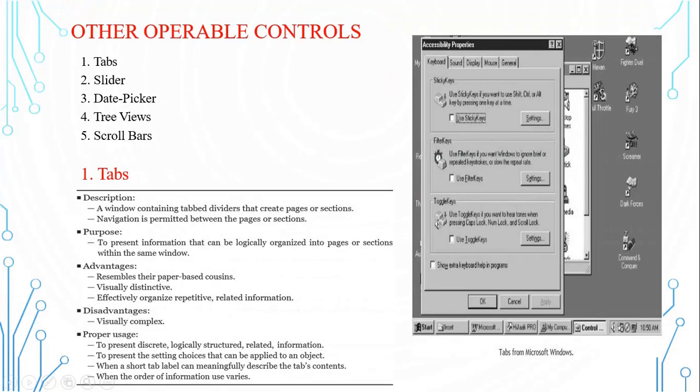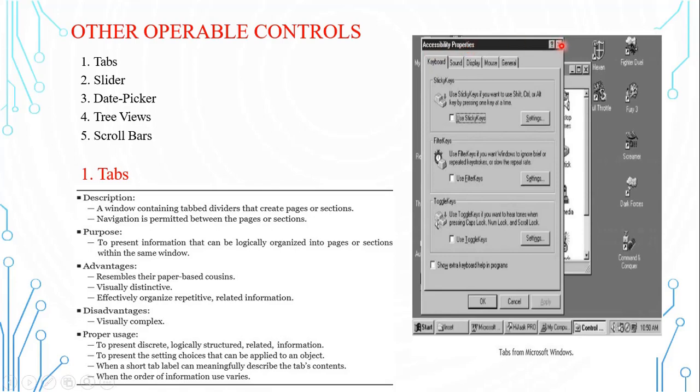Operable controls. We have certain operable controls like tabs, sliders, date pickers, tree views and scroll bars. Let us understand tabs. Here is one example in the Microsoft Windows screen, showing accessibility properties.